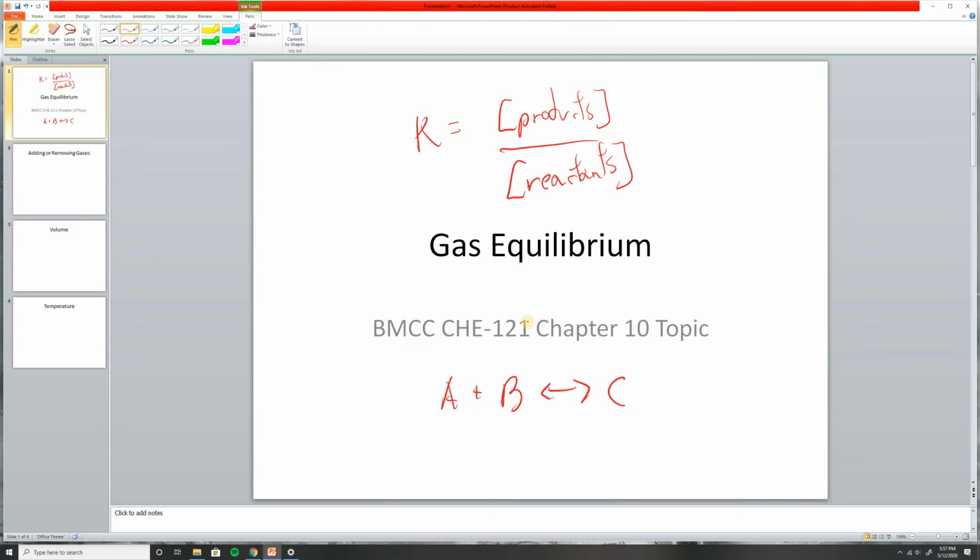But if you have it the other way, and let's say with a weak acid or weak base, so weak acid slash base is going to have a small K. And that's because you have a very small dissociation.